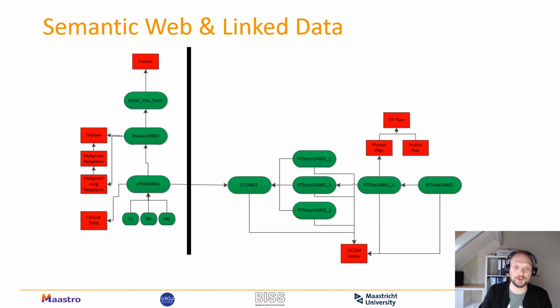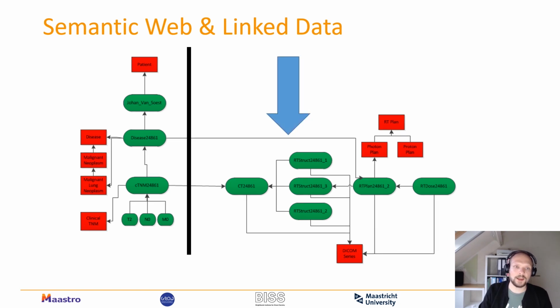For example, that TNM can be based on a CT scan of that patient or maybe an MRI scan of that patient. But that CT scan is afterwards being used to make the RT struct and actually the radiotherapy treatment plan maybe. So semantic web and linked data gives you the opportunity to link the EMR data together with the metadata information from the DICOM data based on public web standards and using URLs and all these kinds of things.